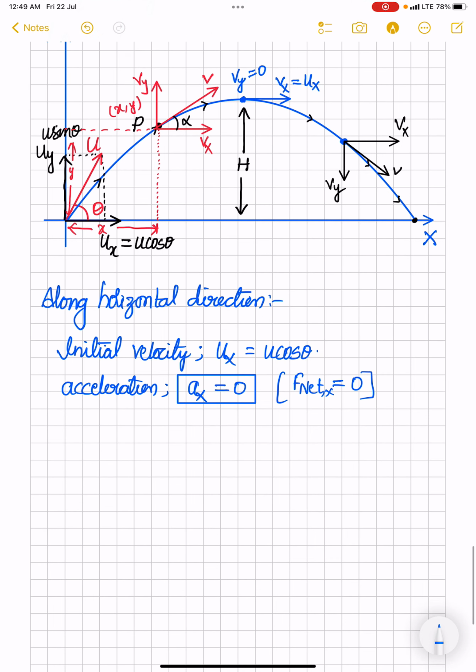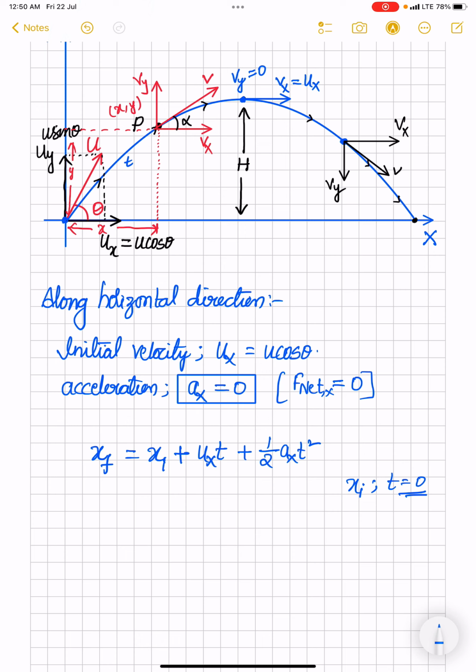So the displacement covered by the particle in a time t along the horizontal direction is given by what? x final is equal to x initial plus ux t plus half ax t square, as already written. And what is xi? xi is nothing but displacement at t equal to 0. Where is the projectile at t equal to 0?